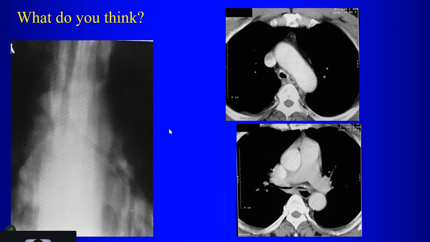What's abnormal here? Oh, what do we think of the trachea? Small. What do you think of the tracheal wall? Yeah, there are some calcifications. The wall is thickened, okay?